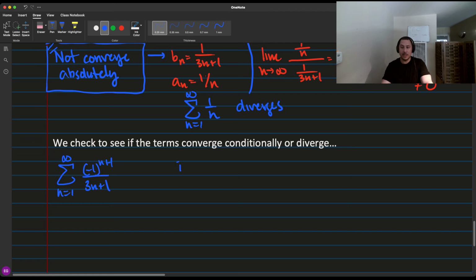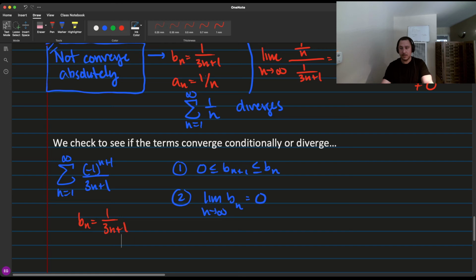What were the conditions? All your terms have to decrease, and you need the limit of the terms to be equal to 0. So let's first see if the limit of the terms goes to 0. Our bn would be 1 over 3n plus 1. The limit as n goes to infinity of 1 over 3n plus 1 goes to 0, so condition 2 is satisfied.